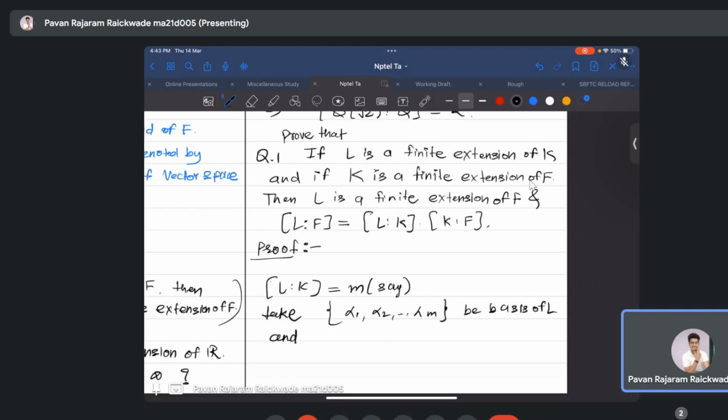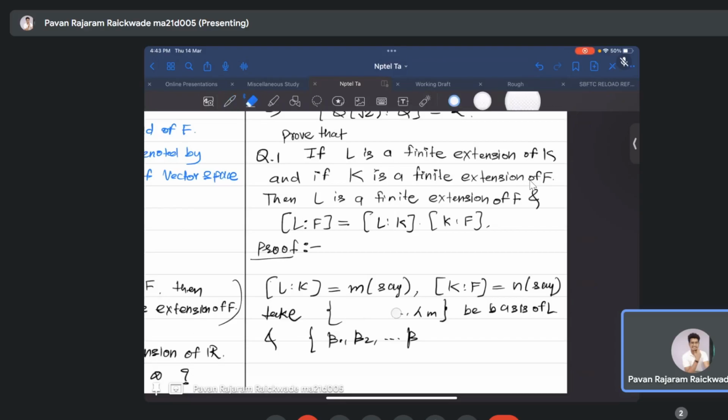And also I'll say the degree of K over F, let's assume to be n, and I can take a basis over there also, beta 1, beta 2 up to beta n. Okay, alpha and beta are not nice notation because they are generally taken for scalars.